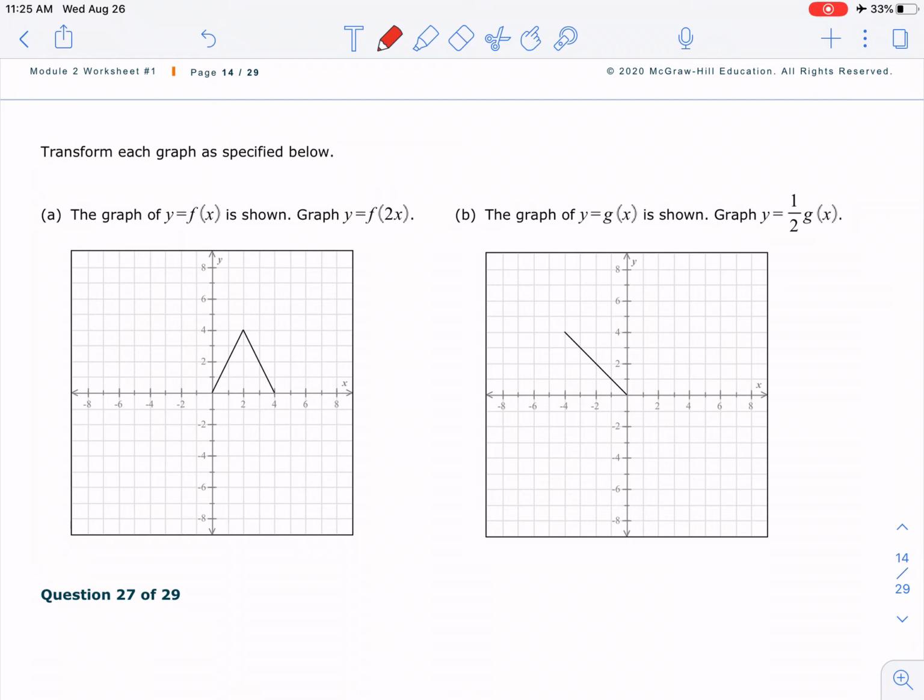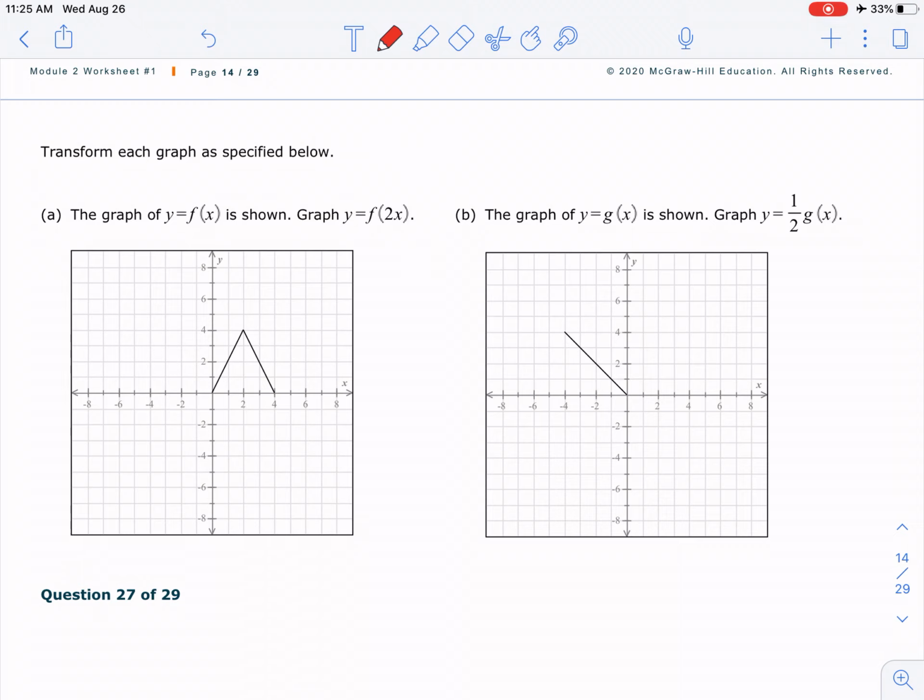So for number 26, we're going to graph f of 2x. For f of 2x, you're going to have to divide the x coordinate by 2.